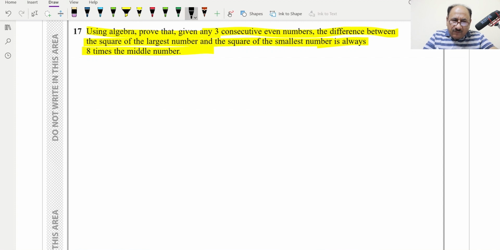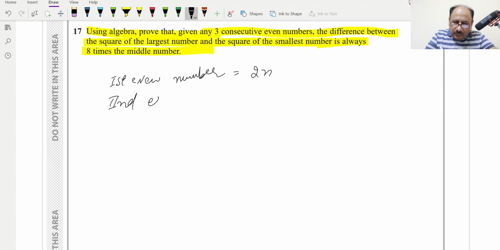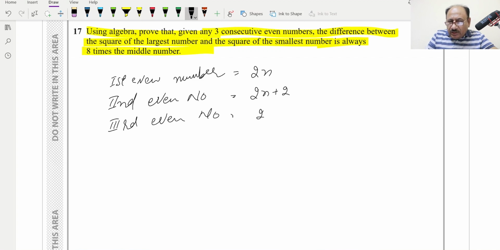So we can suppose the first even number is equal to 2n, then the second even number will be 2n plus 2, and the third even number we can take as 2n plus 4. So these are the three numbers.